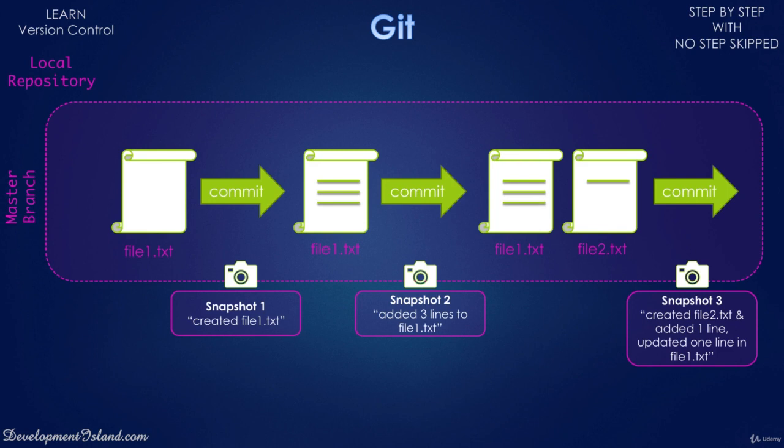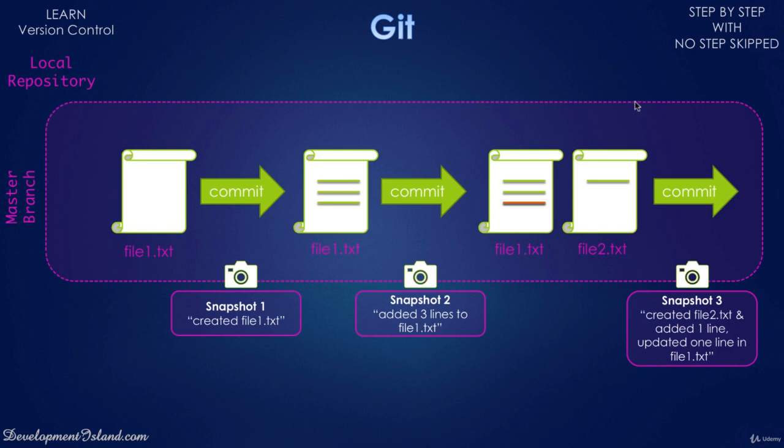Now suppose that you are not happy with the changes that you made to file 1 after you committed, because you realized that that change has messed up your file. So you decide at this point to go back to snapshot 2. So using Git is pretty easy to do this.